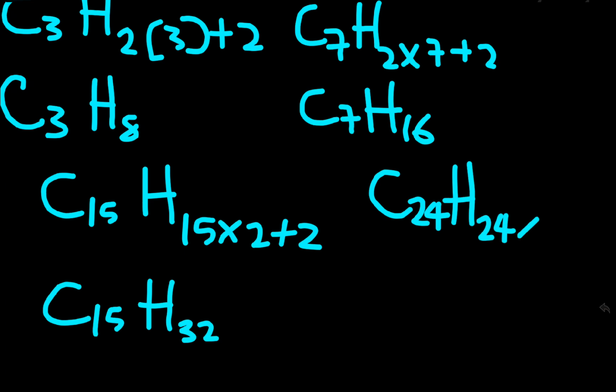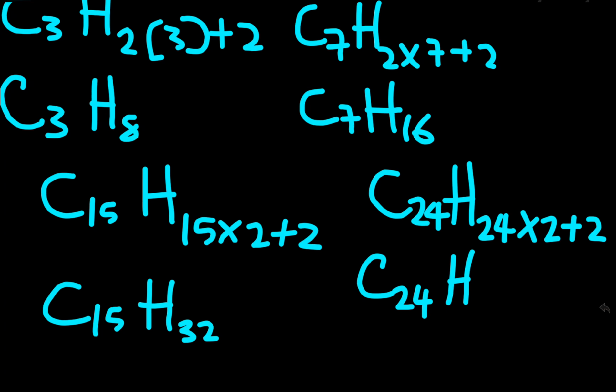H24 times 2 plus 2. So we have C24, H24 times 2 is 48. 48 plus 2 is 50. So C24 is C24H50, and also the C15 is C15H32.